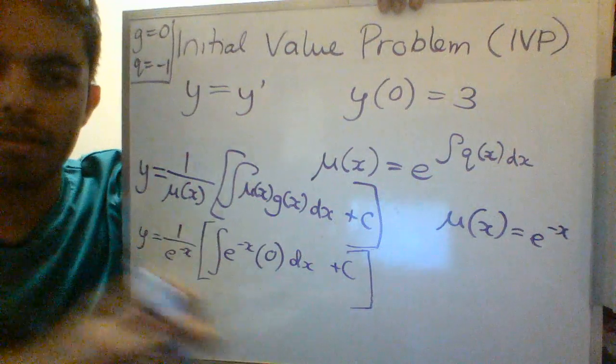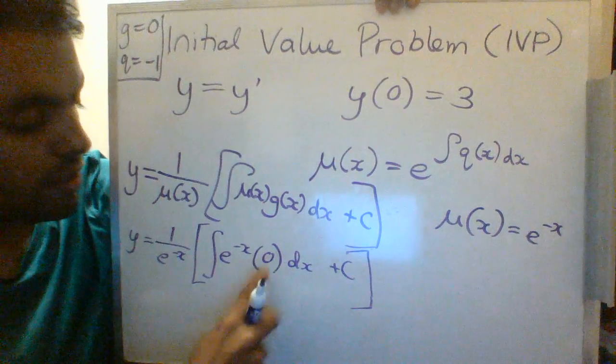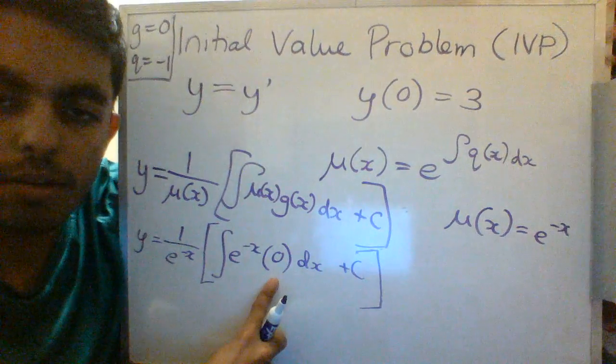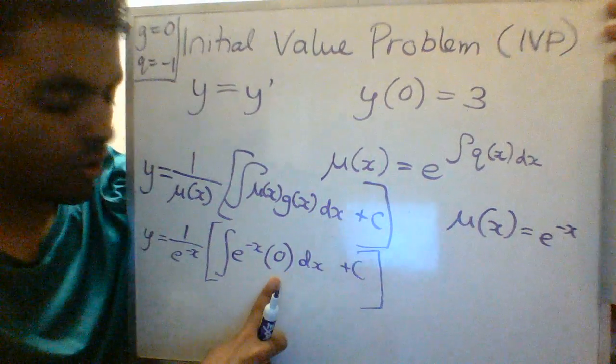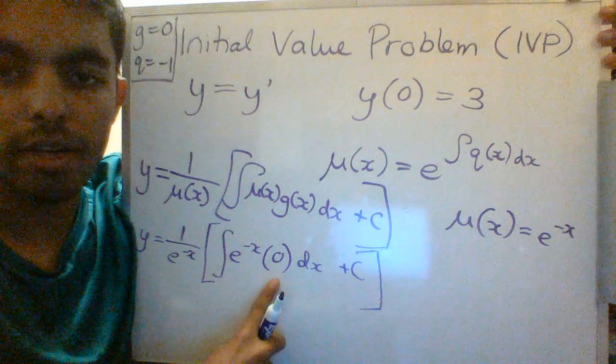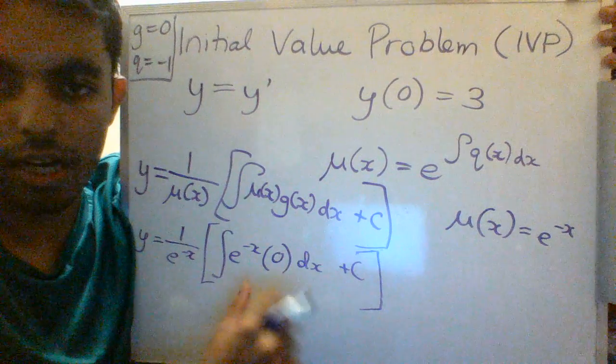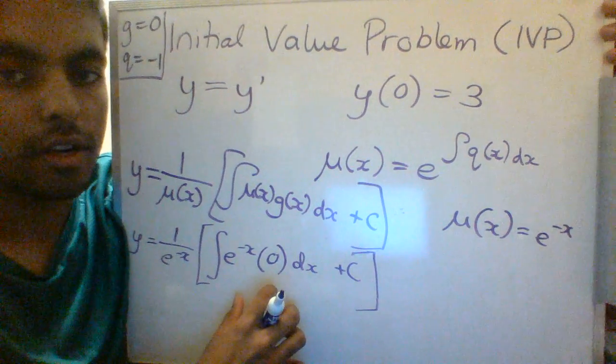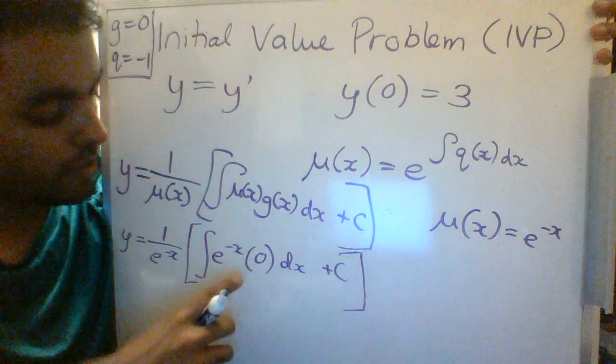Alright? Now, this 0, if you want to think of it as a constant, you can. It might simplify your life. Or you can just remember that if you're multiplying by 0 here, this whole thing can just kind of disappear.